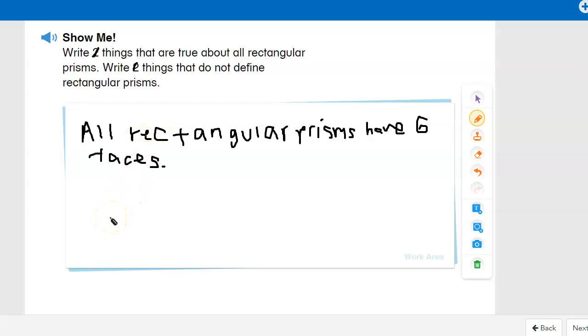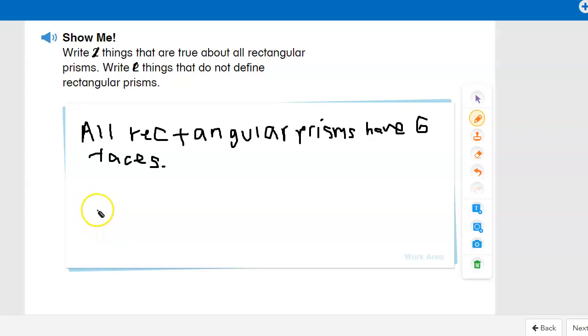What about colors? We've seen that a lot in our past lessons when we have a lot of different shapes and it asks us about how to define that shape. Colors do not define a shape. Just because a rectangular prism is yellow, for example, it does not mean that every rectangular prism is yellow.